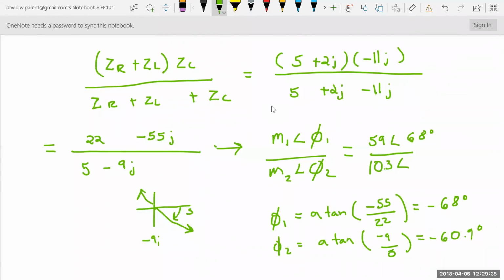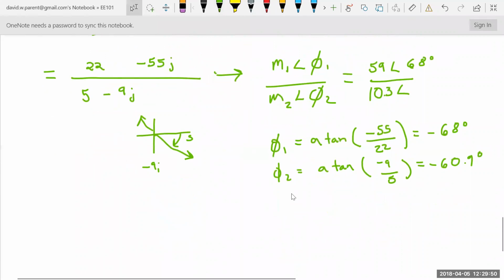All right, and you have to make sure: are you in degrees or radians? Because if you were in radians, you'd come out with some really small number that wouldn't make sense. So we'll divide things out.